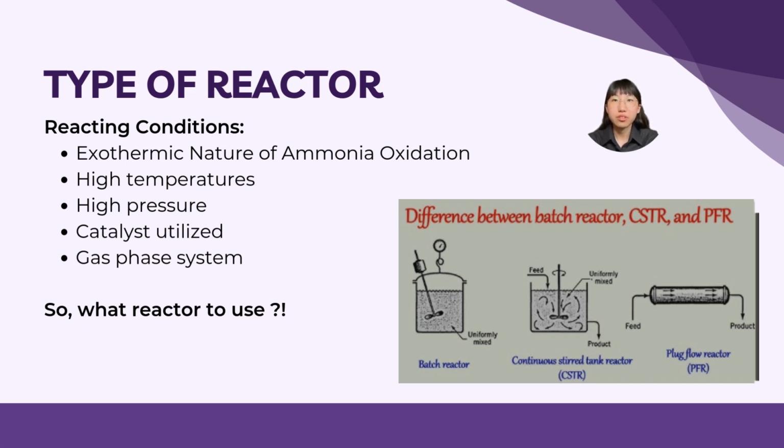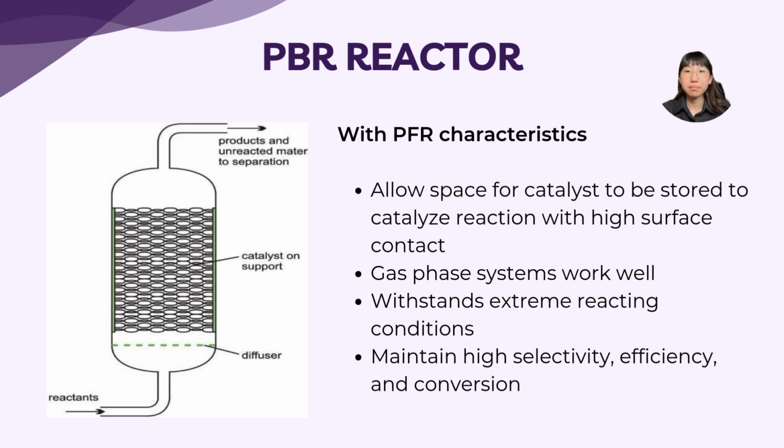For ammonia oxidation, we need a reactor that can handle extreme conditions and a gas-phase catalytic reaction. Among the options, the plug flow reactor is the best choice as it provides a controlled reaction environment with high efficiency. However, to further optimize performance, we proposed a packed bed reactor which builds upon the PFR's characteristics. The PBR allows for catalyst packing, providing large surface area for reaction, improving efficiency and selectivity.